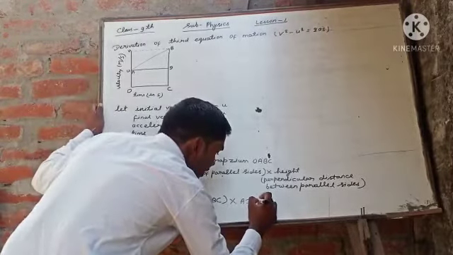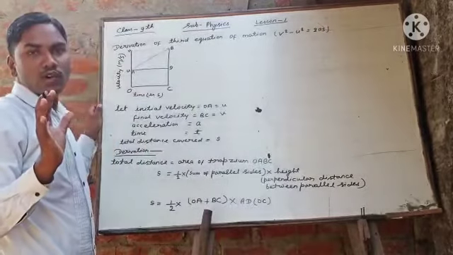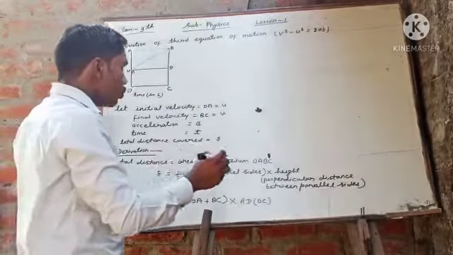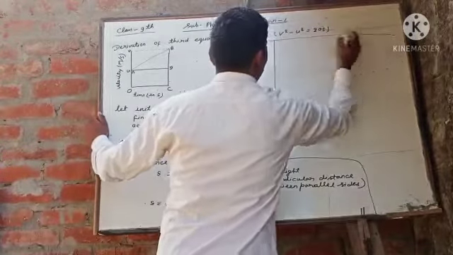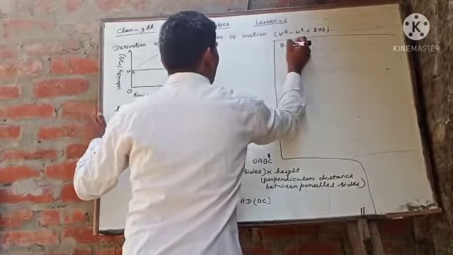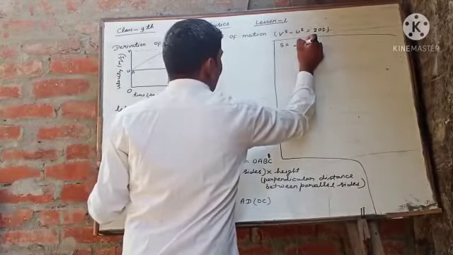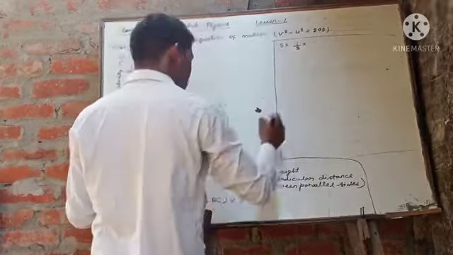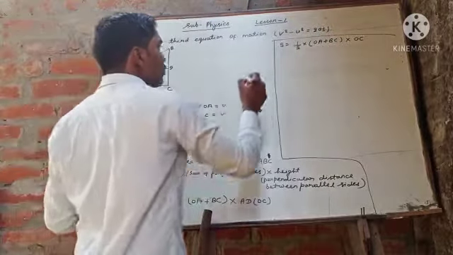AD or OC, both are equal. So again, s is equal to 1/2 into OA plus BC into OC.